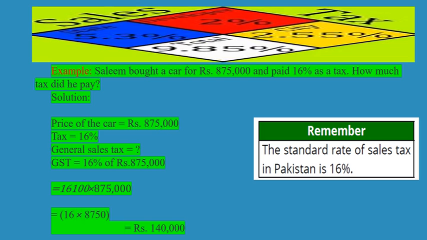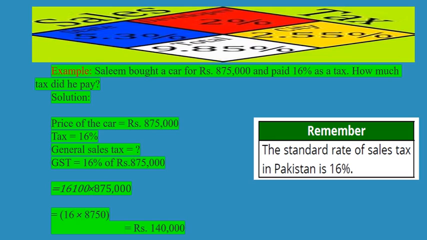Slim bought a car for rupees 8,75,000 and paid 16% as a tax. How much tax did he pay? Price of the car is equal to rupees 8,75,000. Rate of tax 16%.